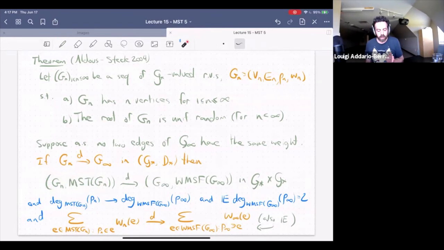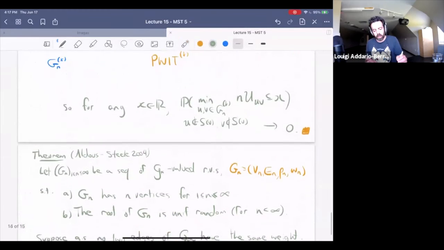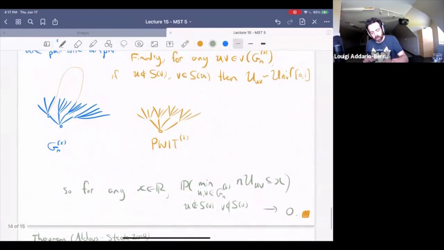The theorem is wrong as stated. It's also wrong in the paper that they wrote, because this object doesn't quite live in this space. The local structure. So, for example, we'll see this shortly, but on the Poisson-weighted infinite tree, the minimum spanning forest will look something like this.